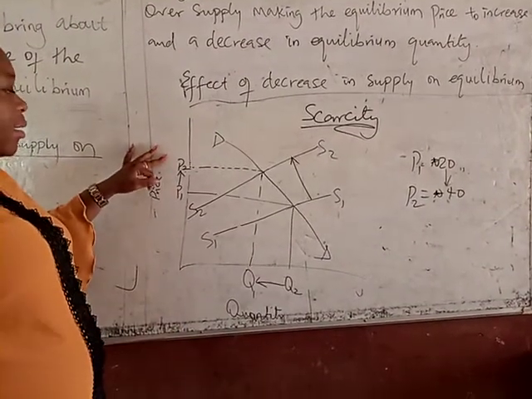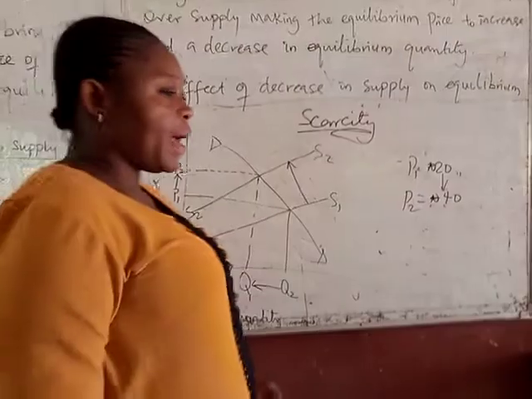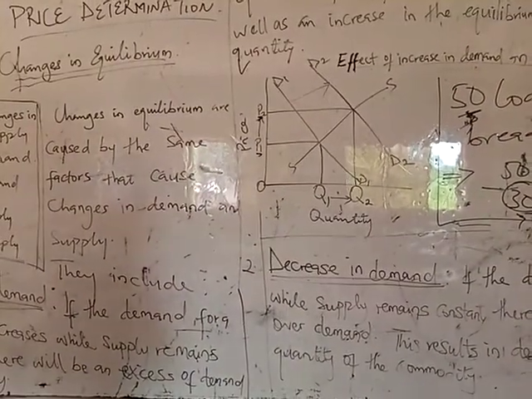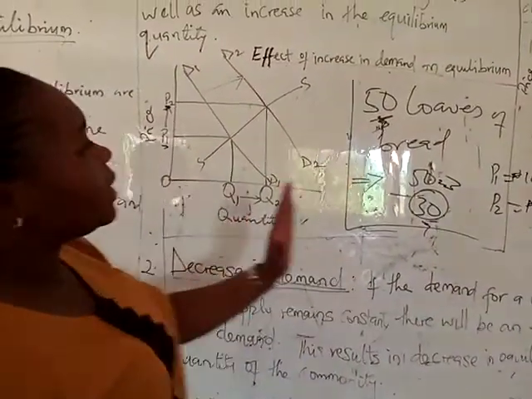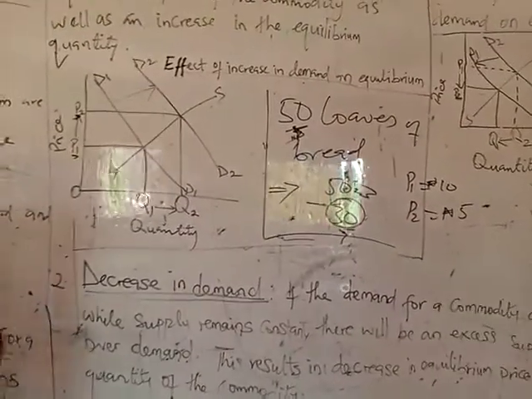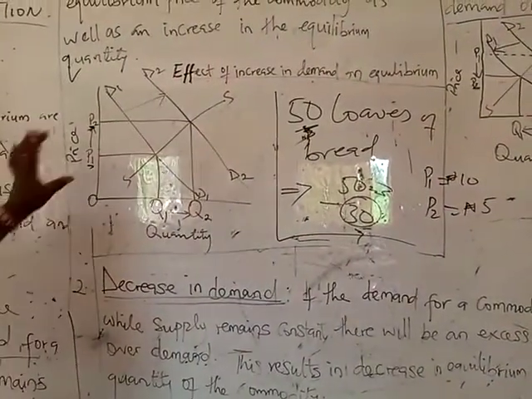Is that clear? The same thing is applicable to increase and decrease in demand. The only thing that differentiates them is the arrow. The graphs are almost the same, apart from the arrow.